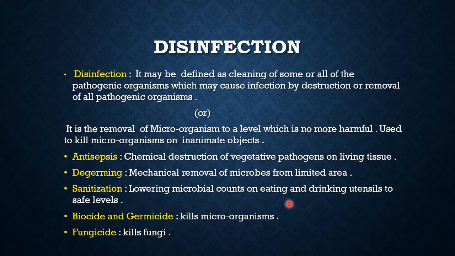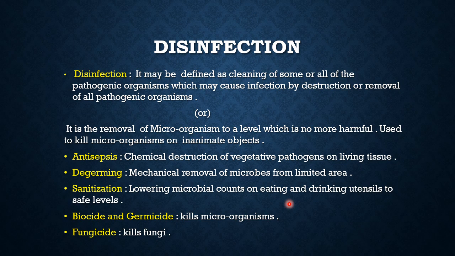That means you have to use certain chemicals and you have to use mechanical support like scrubbing. An example is hand washing, which is a typical example. Using alcohol based sanitizers, and wiping the skin with an alcohol swab before an injection, are all examples of degerming.